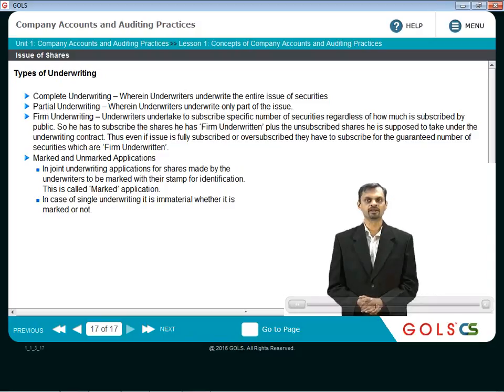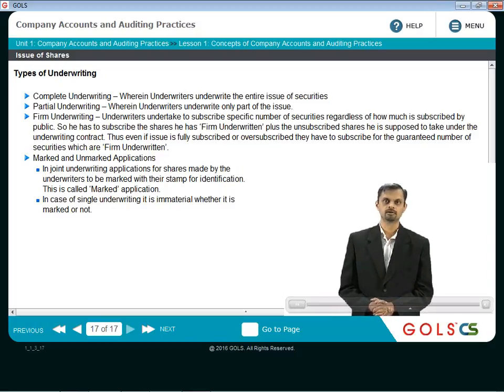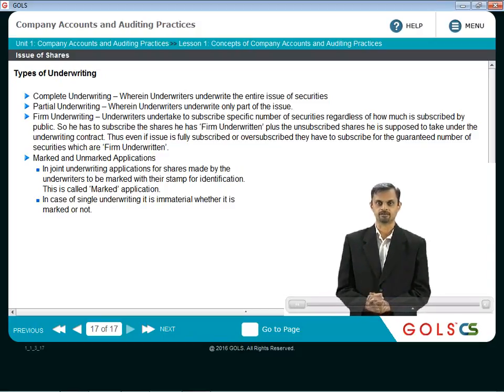Now, marked and unmarked applications are relevant in case of joint underwriting. We earlier said that 2 or more underwriters can jointly underwrite the issue. So in such case, which is called joint underwriting, the question of marked or unmarked applications arises. In joint underwriting, applications for shares made by the underwriters have to be marked with their stamp for identification.